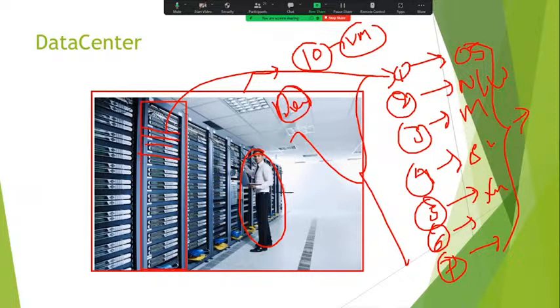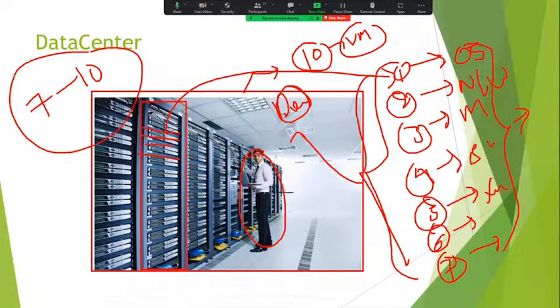Now, to complete this process, it will take a minimum of 7 to 10 days. Why? Because we have to submit the request, and it should be approved by the manager. Then it goes to the data center team, who should allocate the space for these 5 servers depending on business requirements.